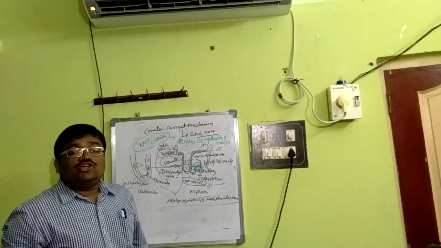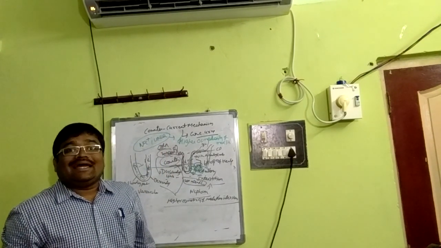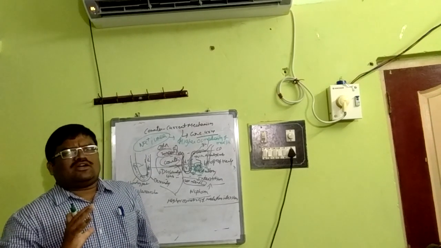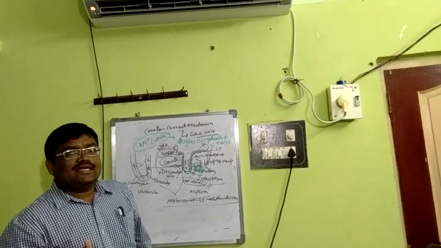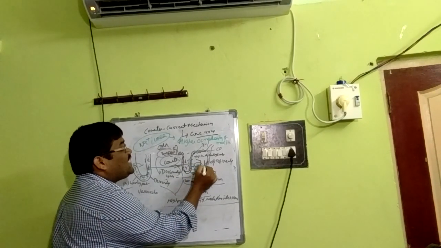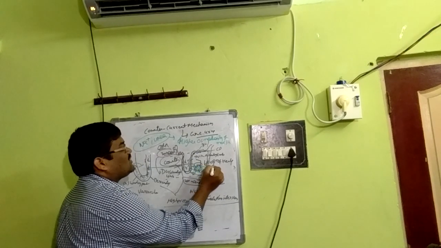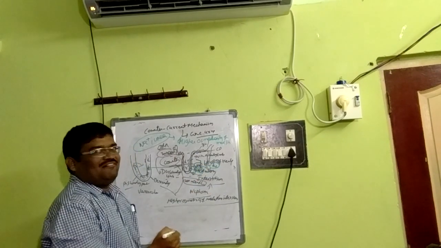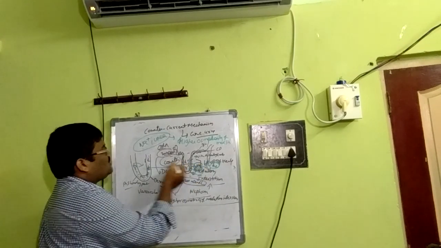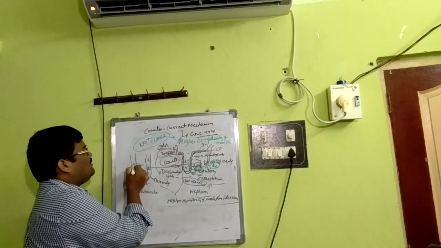That means the solute concentration, what we call the interstitial concentration gradient, is required, because it facilitates the easy reabsorption of water. NaCl reabsorbed in the ascending limb goes down the descending limb of vasa recta.